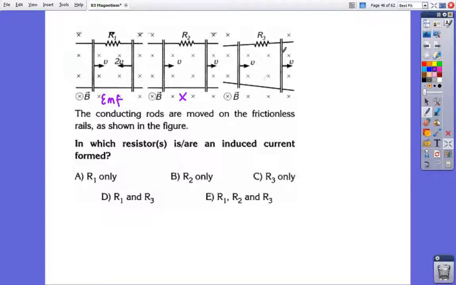The third one, if we move this to the right, as you can see, the area of the loop will be increasing because this wire is not in a parallel condition, it has an angle to each other, so it will become a bigger area when these two bars are moving to the right. So there are two conditions that will create EMF, induced EMF here.